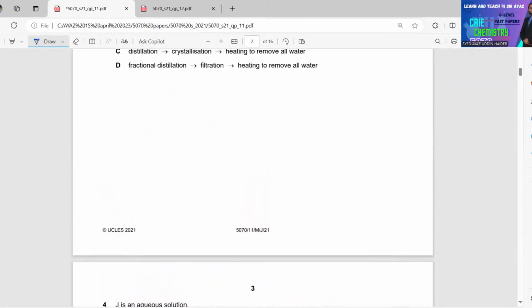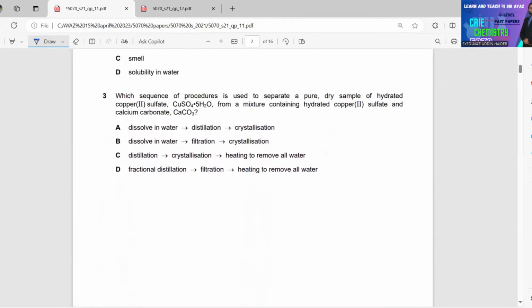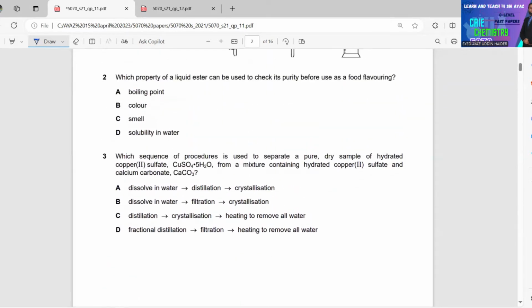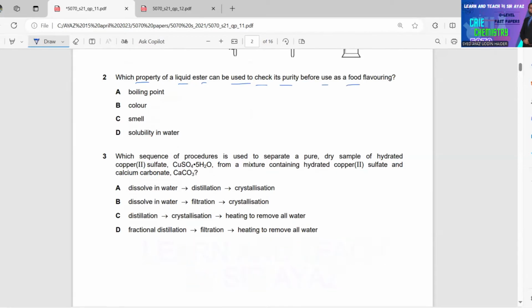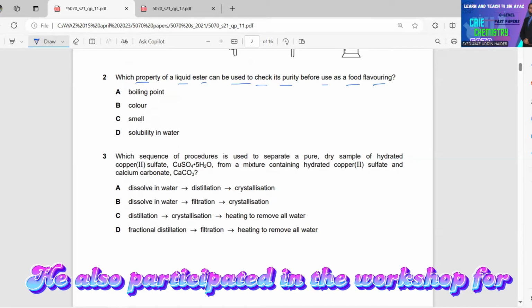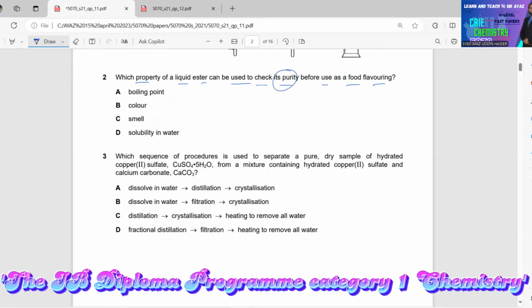Number 2. Which property of a liquid ester can be used to check its purity before use as food flavorings? So any substance we want to check, for any substance we want to check its purity, we'll go for the melting point or boiling point.